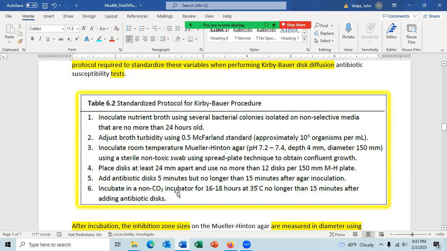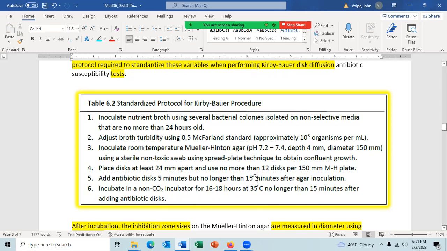Then you take the plate, flip it upside down, and incubate it in a non-CO2 incubator for 16 to 18 hours at 35 degrees. You put it in the incubator no more than 15 minutes after you add the antibiotic disc.